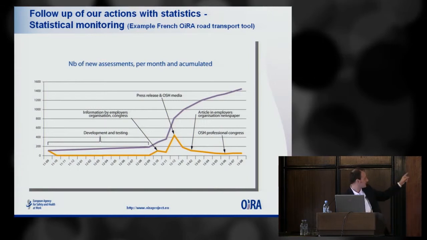You can see here that since they published the tool, they carried out some promotional activities, so you can see some peaks. If you manage a press conference, press release or an article in a newspaper, then you can see you manage to bring new users to the tool.